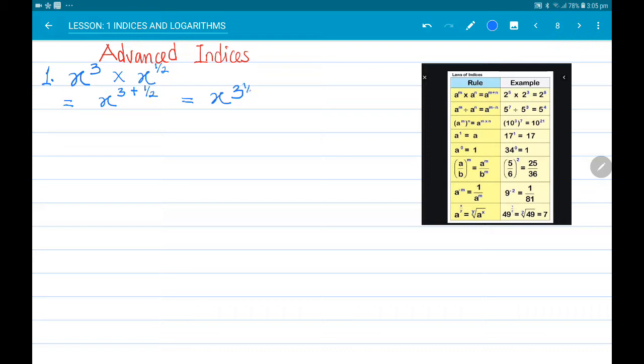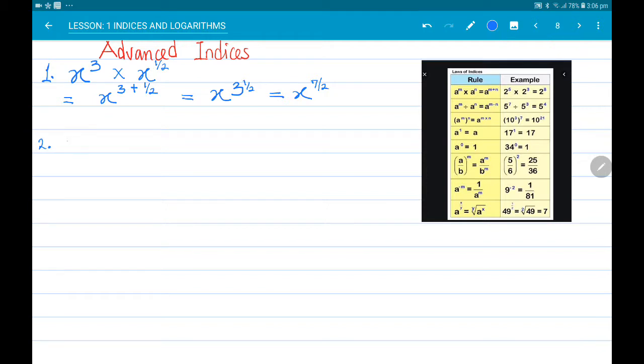It's going to be equal to x to the power of 3 plus 1 over 2, which is the same thing as x to the power of 2 times 3, 6 plus 1, 7 over 2.